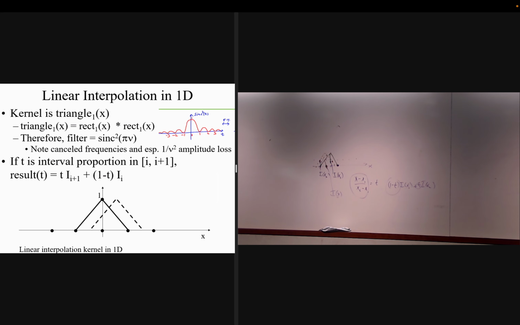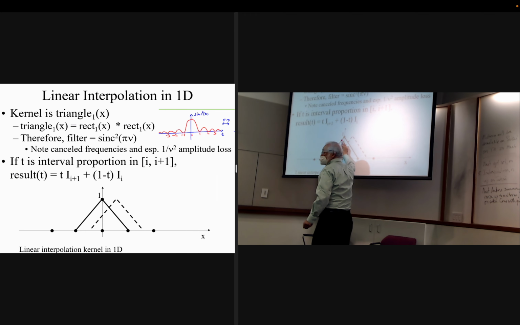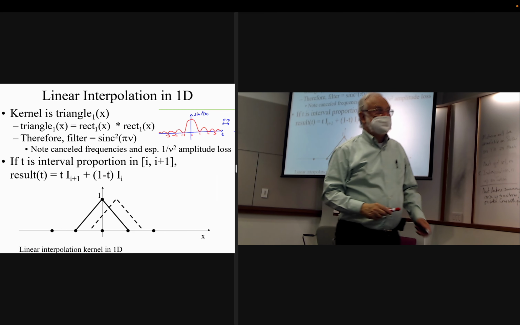By the way, notice that at the base situation, the value here is 1 times the value here, plus 0 times the value here, plus 0 times the value here, which is sure enough interpolation. Right? So it is an interpolation.